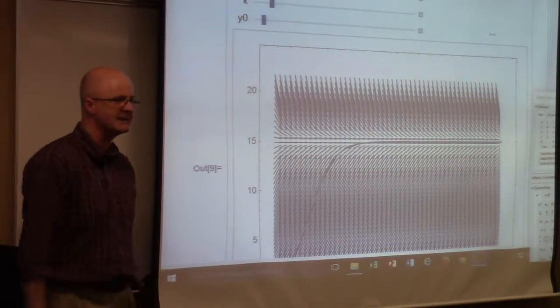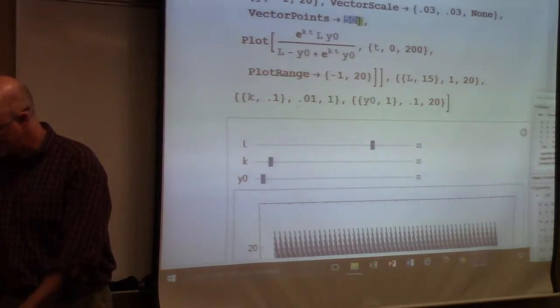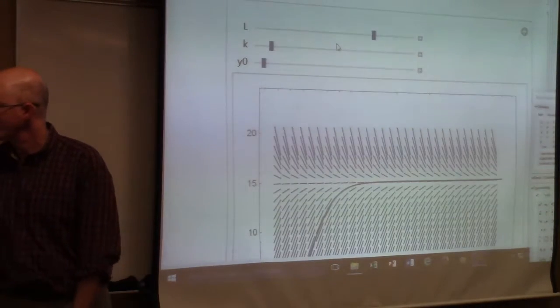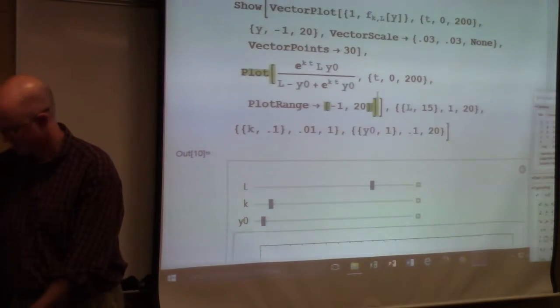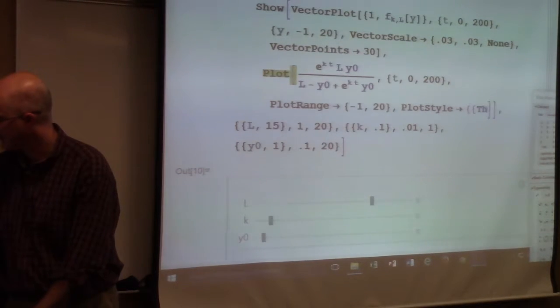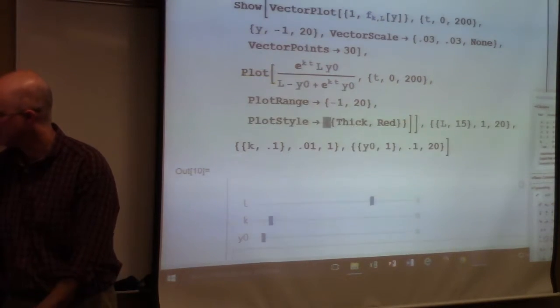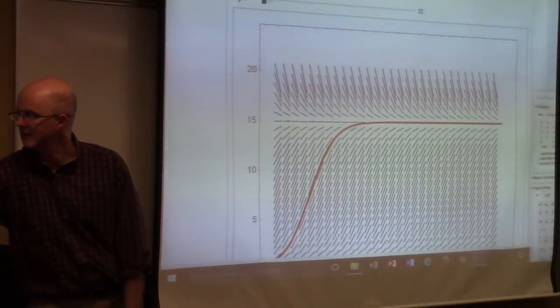It becomes kind of a mess. Maybe 30 is pretty good. Let's try 30. That's pretty good. Let's also color the graph itself, so we can see the solution curve in that slope field more clearly.